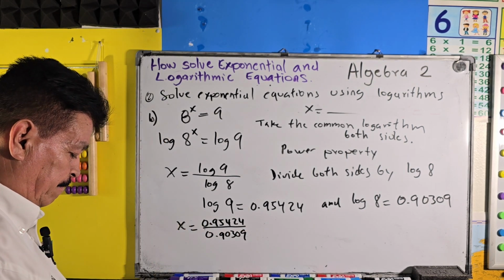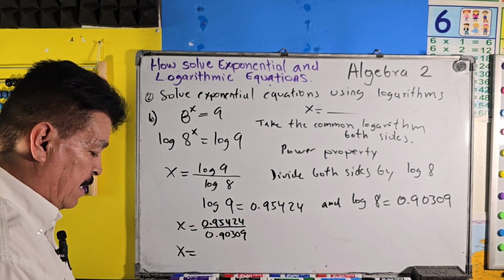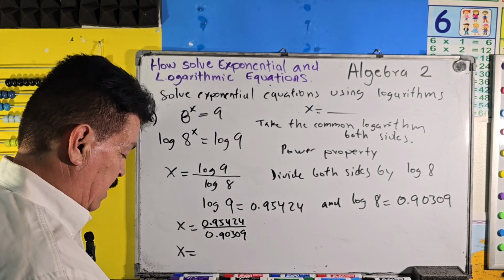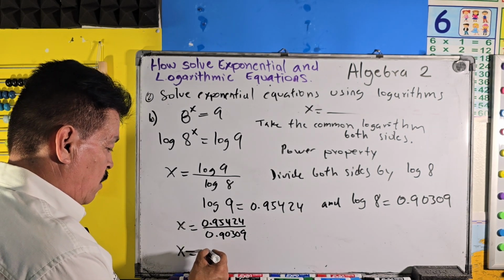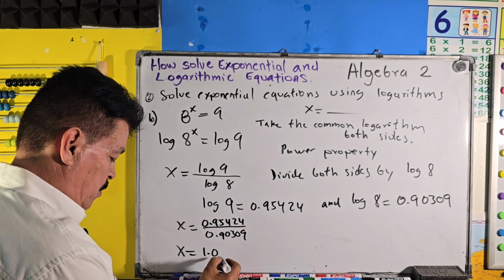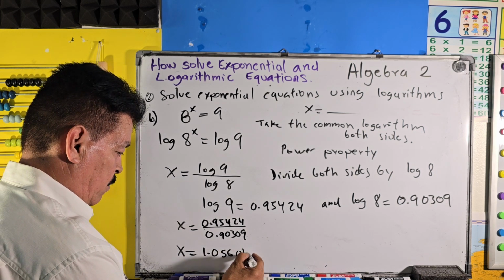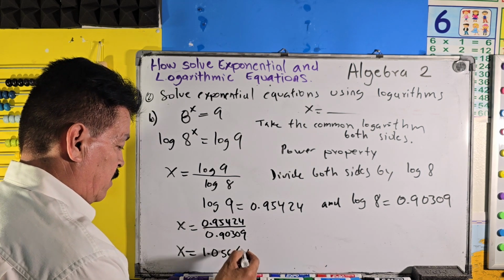If you divide this, I'm going to use the calculator. Use technology. So the answer here is 1.05664.